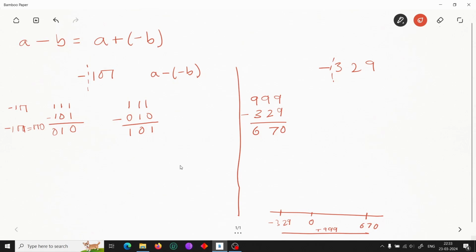An important thing to observe here, guys: when you have 1 as the digit and you perform the complement operation, that is 1 minus 1, it becomes 0. And when you have 0 and you perform the complement operation, 1 minus 0, it becomes 1. The digits basically flip in the binary number system.